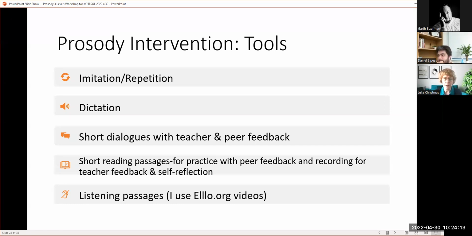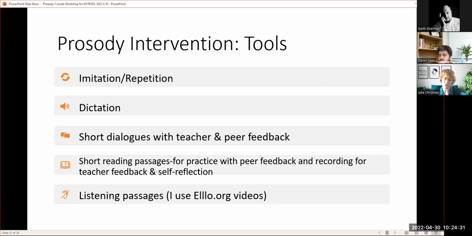Peer feedback, the literature shows, and my students have shown me, is useful because although sometimes they have not completely automatized it or cannot completely do it themselves, they can recognize it. So they can recognize, you didn't fall, you didn't rise.